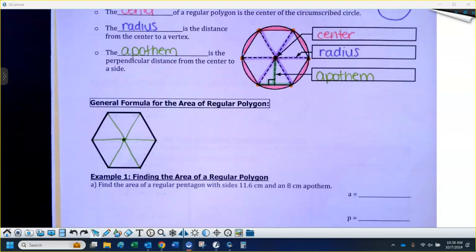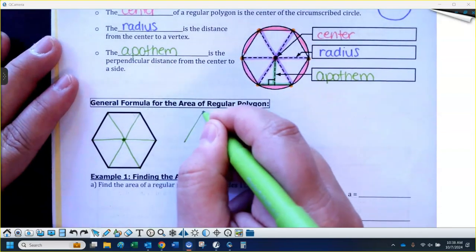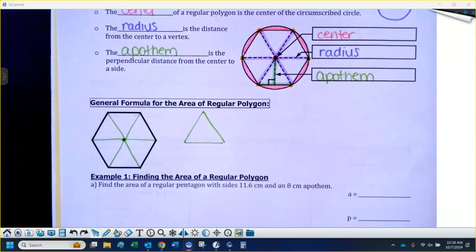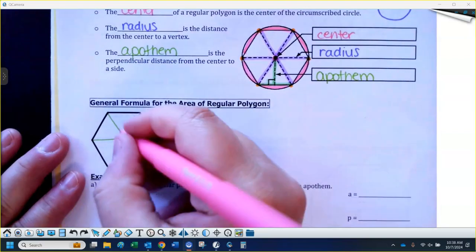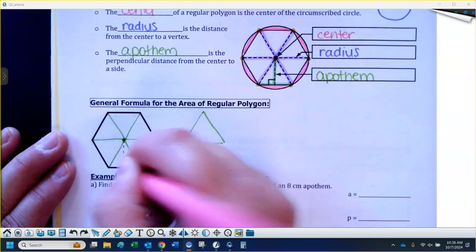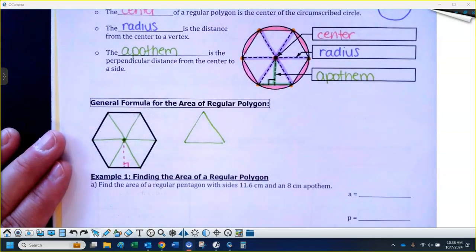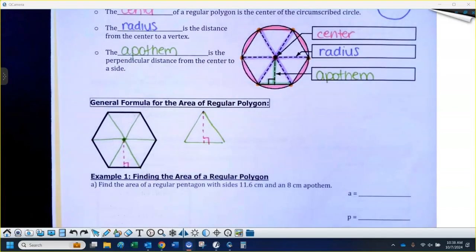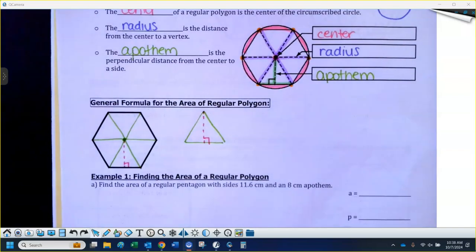So you don't have to draw all these in here, but there would be 6 little triangles in there. Okay, now I'm going to draw this to the side just to work with you on it a little bit. The apothem that we just mentioned goes from the center to the opposite side at a 90-degree angle. So let me just pretend this is any one of those triangles. They would all be congruent to each other.